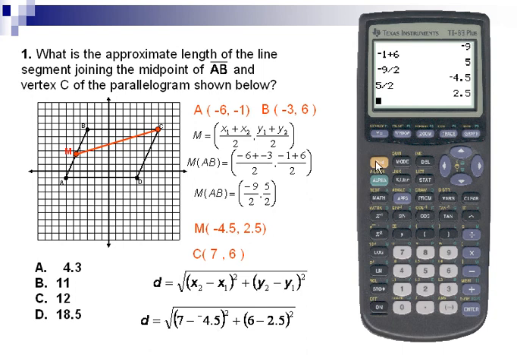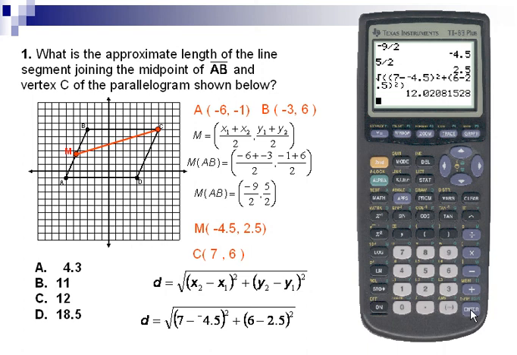It is very important that you're good with parentheses. So second square root, we need to put another parenthesis there and put 7, subtract -4.5 close parentheses squared plus open parenthesis 6 subtract 2.5 close parenthesis squared, and then close the parenthesis because you want to take the square root of this entire expression.